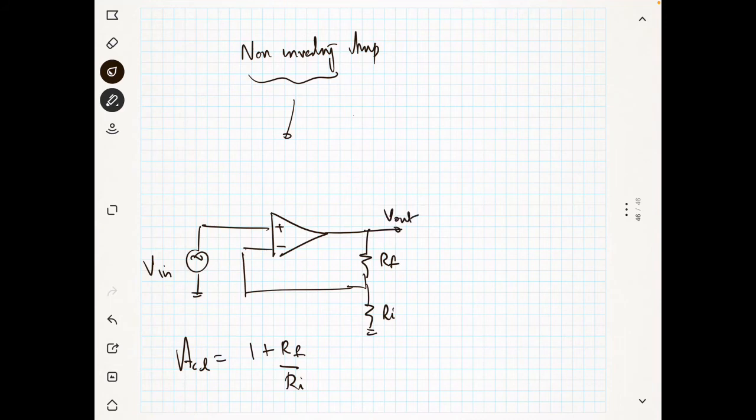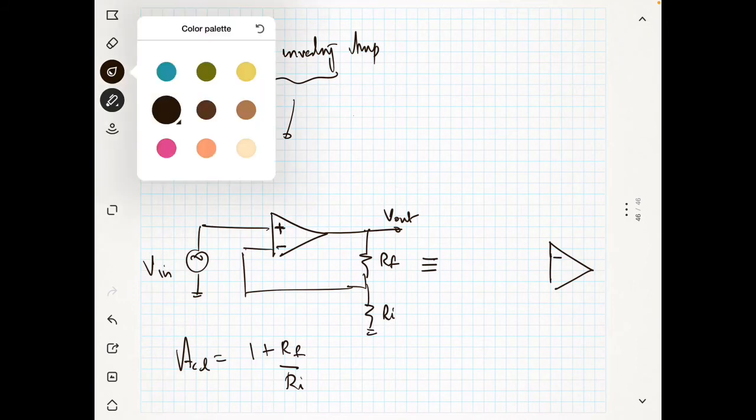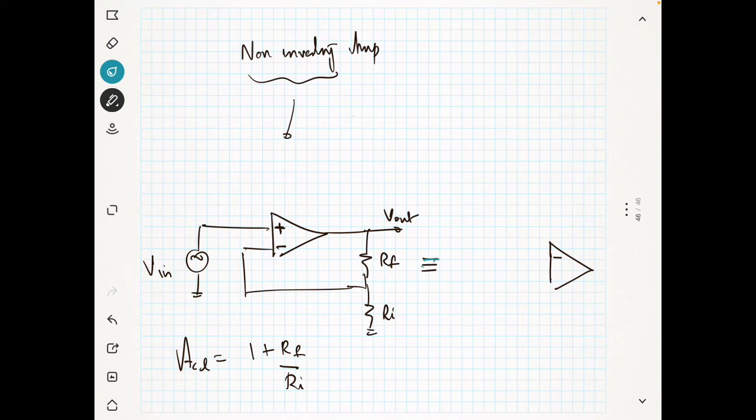Okay, so I can draw this circuit in another way also. The same circuit I am drawing in another way. Please listen carefully. Instead of plus minus, I will be writing minus plus. I will use a different color. Both are same circuit anyway. Minus plus, and for the plus I am giving the input, no change, and this is V out, and from the output I have a connection.